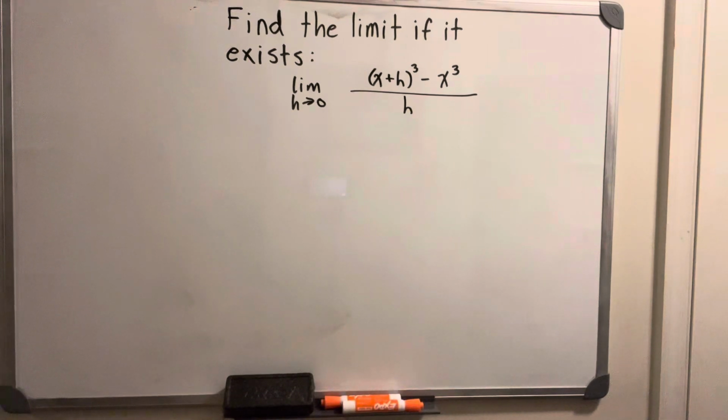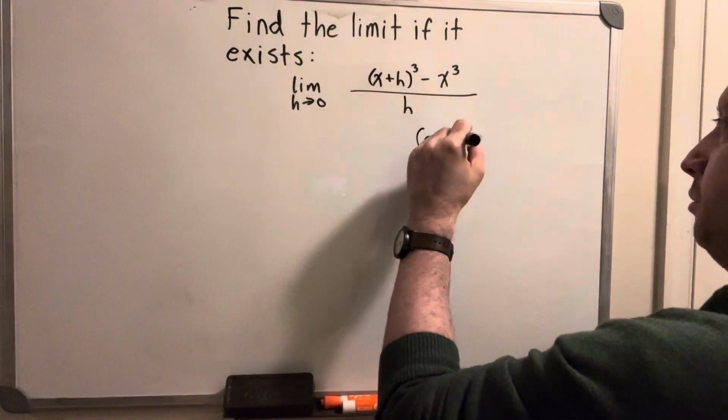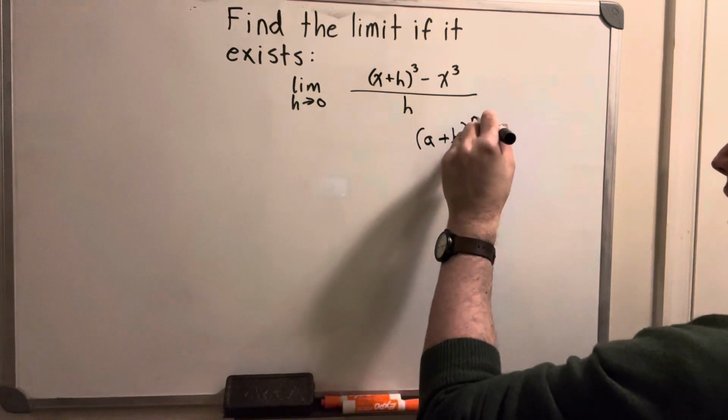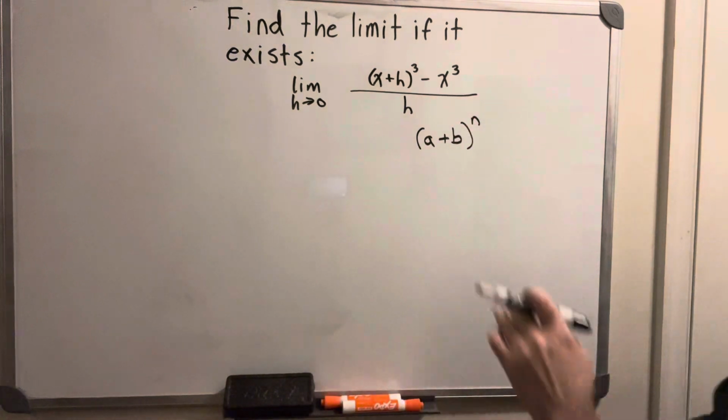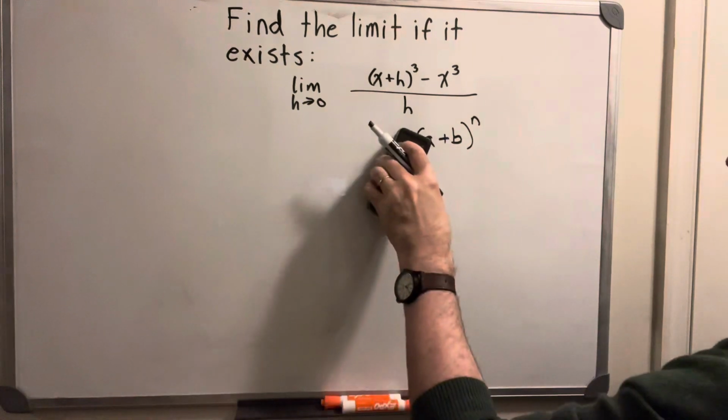And if you know how to expand the binomial, then you know that it's time to do that. If you've never learned how to expand things of the form, for instance, (a plus b) to the nth power, where n is a positive integer, and these are two terms, let's look quickly at how to do that.